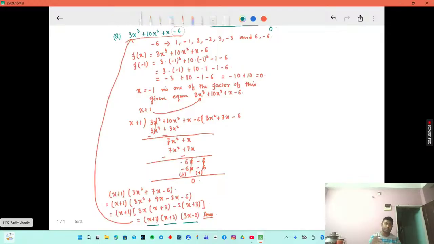So now we have only found one factor, that is x plus 1, and in order to find the other two factors, we have to just divide the given equation by one of the factors, and after dividing, we will just factorize the quotient and we will get the other two factors, as you can see here. Is it clear to you?